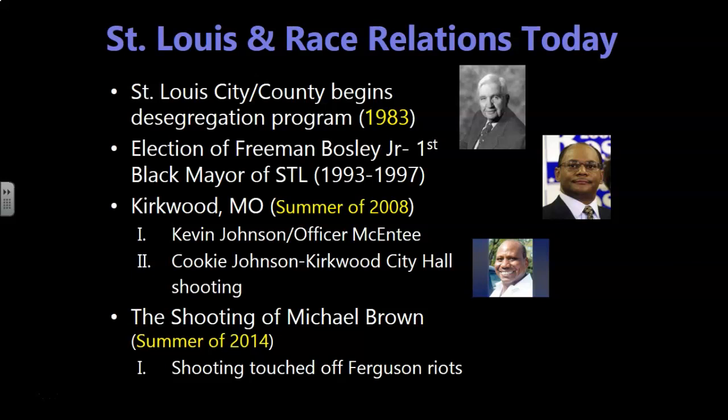And that upset Mr. Johnson and eventually led to him storming into a Kirkwood City Hall meeting and shooting people. He was eventually shot himself, but this is one of those public shootings that made national attention in the United States and drew an unfortunate attention to Kirkwood.